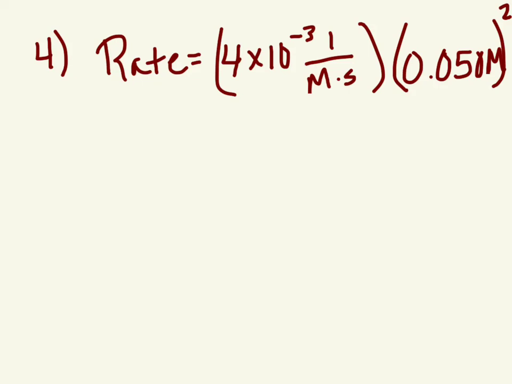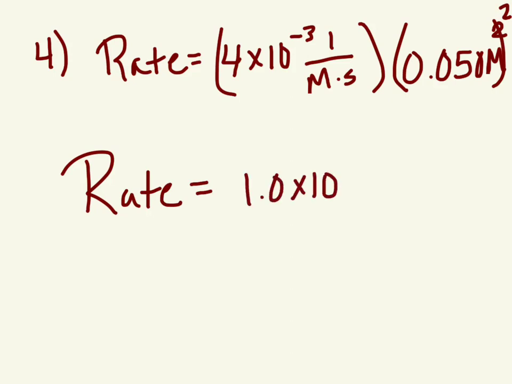Don't forget to square the 0.05. Rate is going to equal 1.0 times 10 to the negative fifth molar per second.